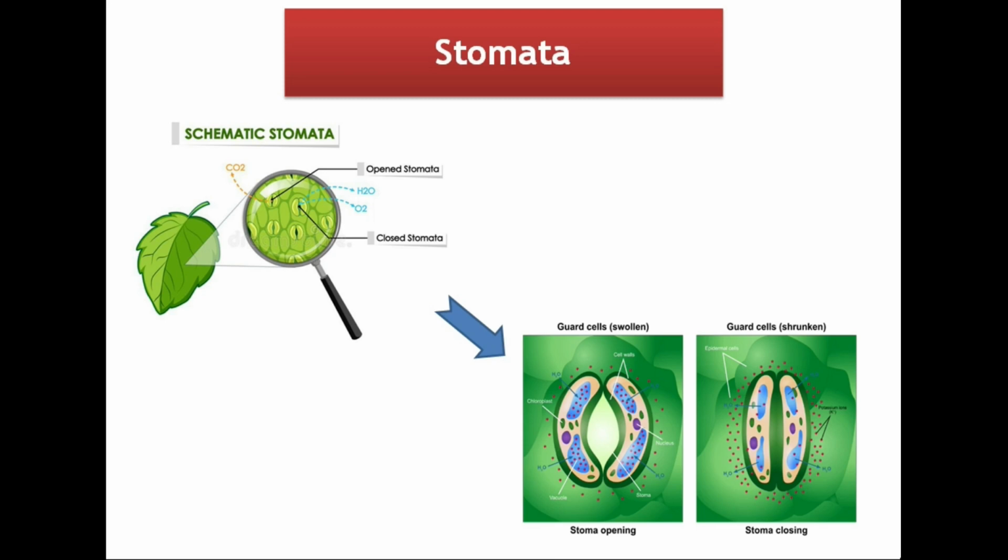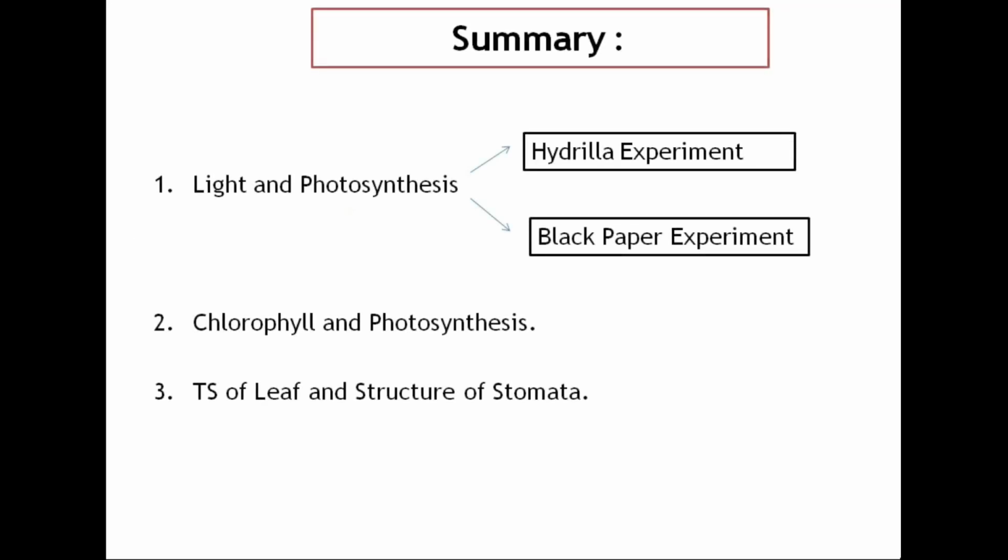Now, let us have a quick look at what we learnt in this session. The role of light in the process of photosynthesis. Under this caption, we have discussed two experiments: the hydrilla experiment, which proves that oxygen is produced during photosynthesis in the presence of light, and the black paper experiment or light screen experiment, which shows that sunlight is essential for the process of photosynthesis.